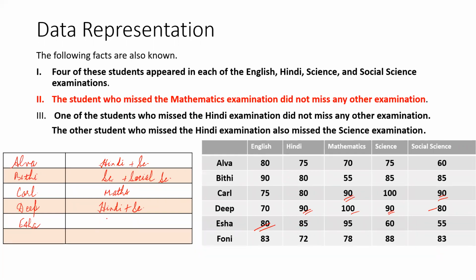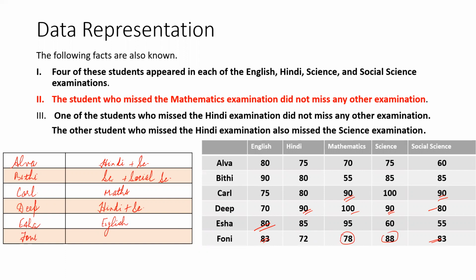So Isha would definitely have missed the English section. And then we have Phony coming into the picture. Which are the scores which look like there are 2 scores of 83? Definitely, this rings a bell. Now we are looking at scores of 88 and 78.